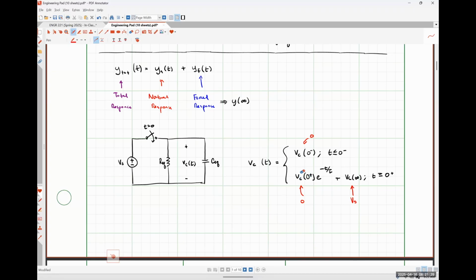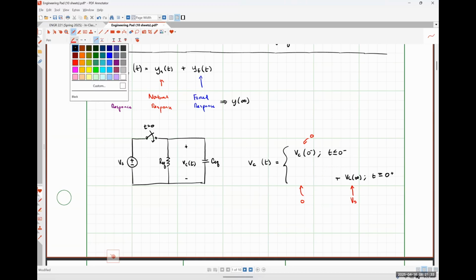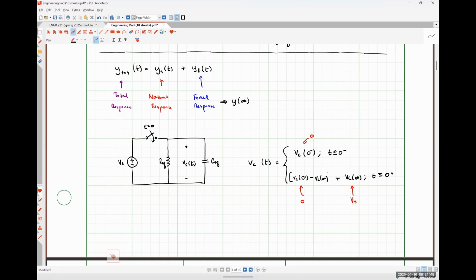Okay, so I'm going to erase this and replace it with VC at 0 plus, minus VC at infinity, close that off, e to the minus t over tau, plus VC at infinity.